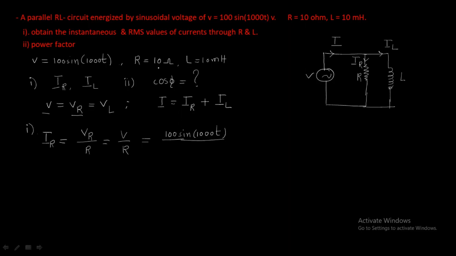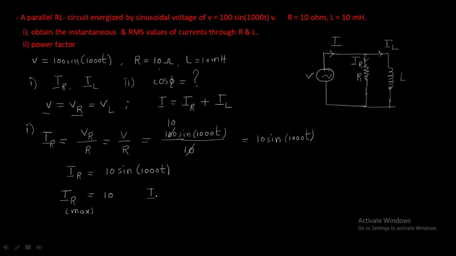And what is the resistance value? Resistance value is 10, so the 10 cancels. The remaining thing is 10 sin 1000t. So the current IR equals 10 sin 1000t. This is the current value. Comparing with the equation, this 10 represents the maximum value of the current.